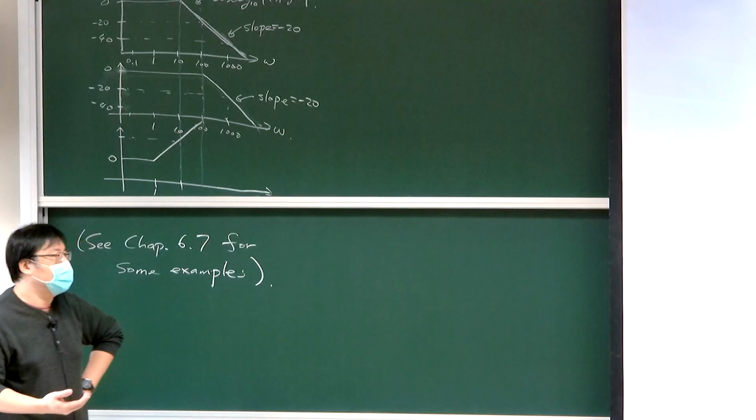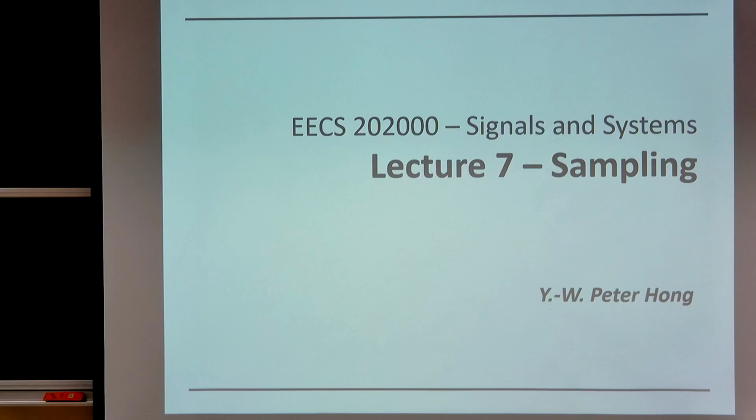So in chapter 7, we talk about sampling. What is sampling? Sampling is the process of converting continuous time signals to discrete time signals. For example, suppose that you have a continuous time signal like this.